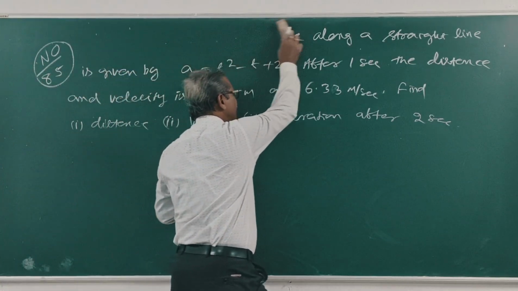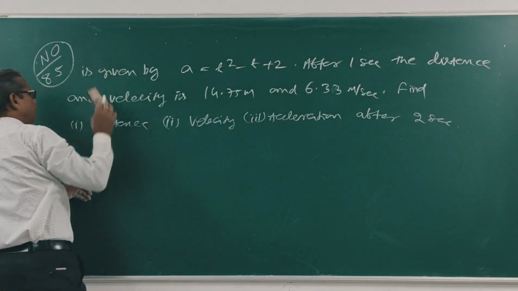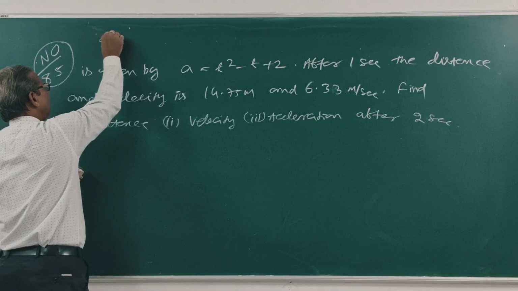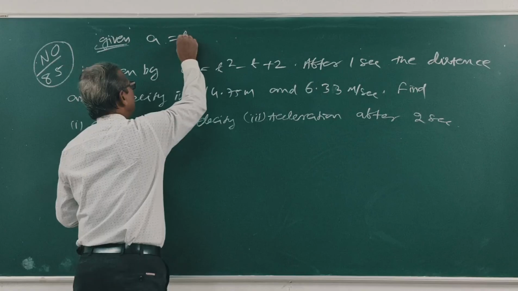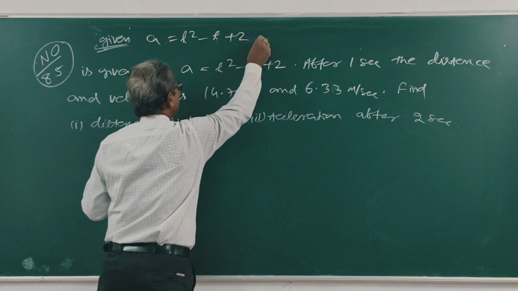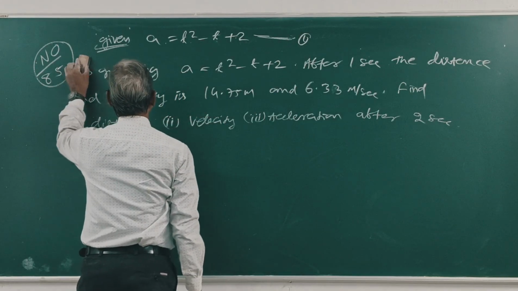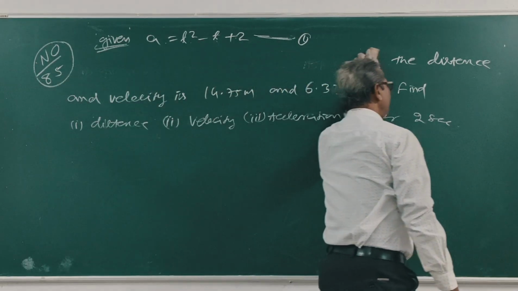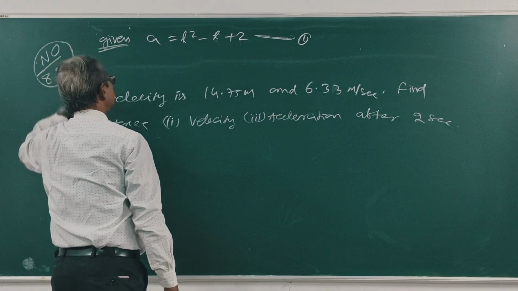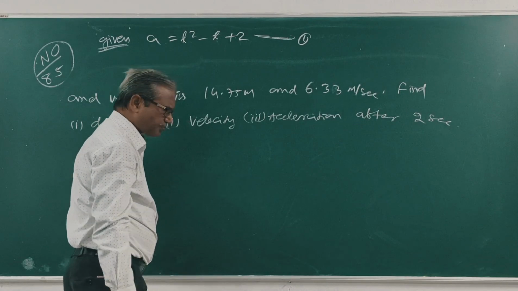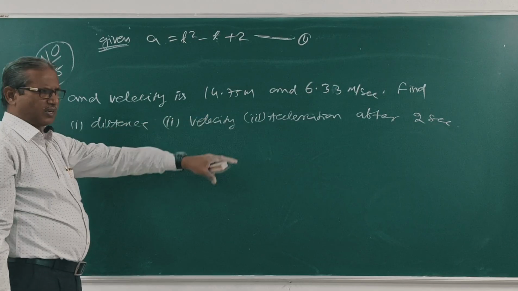Now, given A is equal to T square minus T plus 2, equation 1. Clear? Now, the distance and velocity are given after 1 second.